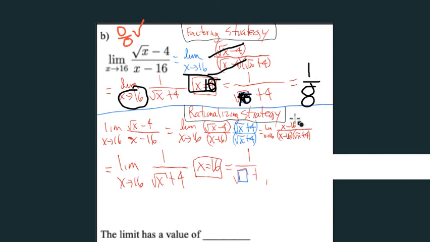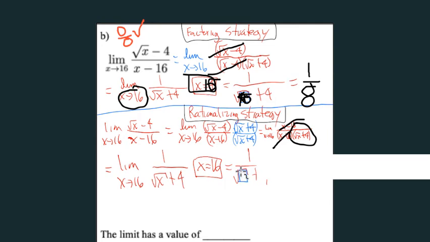So now I've got x minus 16 in the top, x minus 16 in the bottom, and root x plus 4. So in fact now I can eliminate those two factors that cause 0 divided by 0, and I'm left with root x plus 4 in the bottom. Now it's exactly the same as up above.